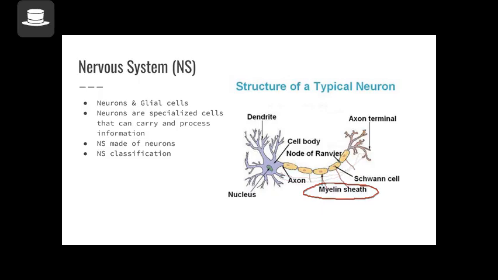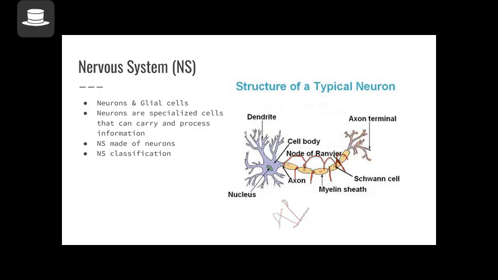So when the information is received by the dendrites, it is brought to the cell body, right? Then it initiates some changes, and these changes are called action potentials. These action potentials will go from one node of Ranvier to another. Nodes of Ranvier are places on the axon without the myelin sheath.